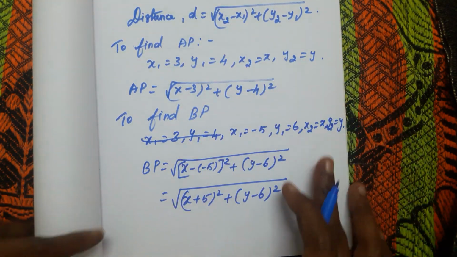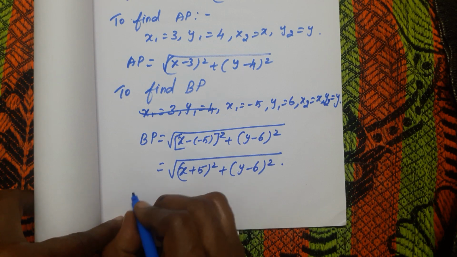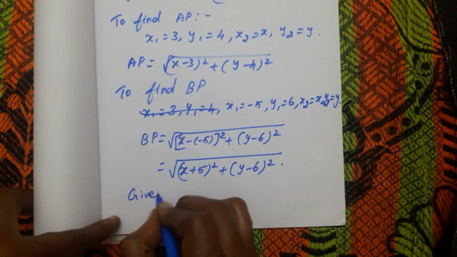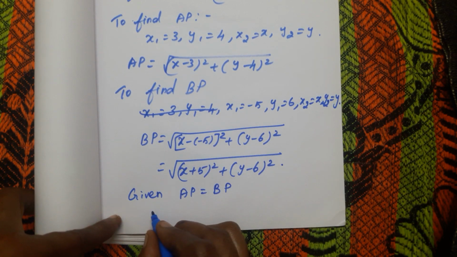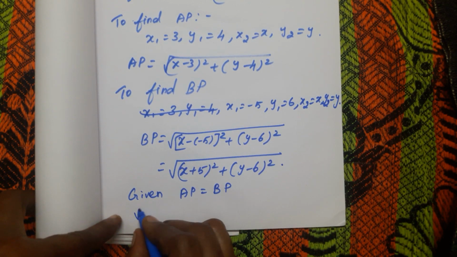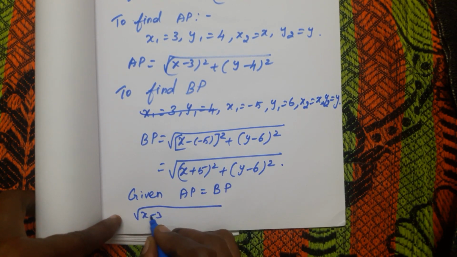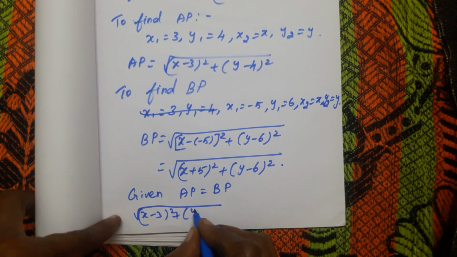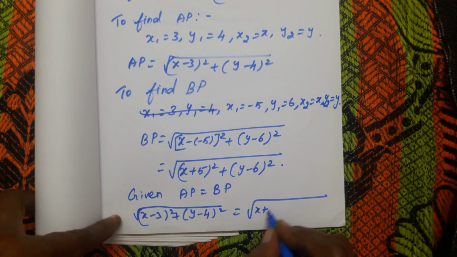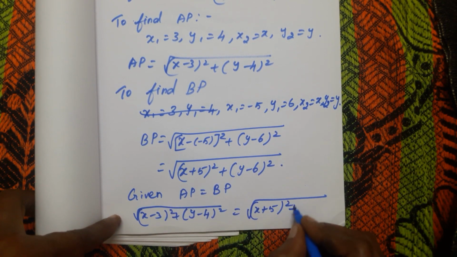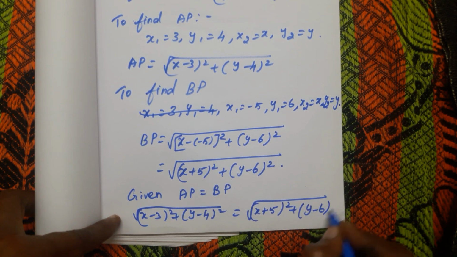AP is equal to BP. So we can take root of (x minus 3) the whole square plus (y minus 4) the whole square is equal to root of (x plus 5) the whole square plus (y minus 6) the whole square.